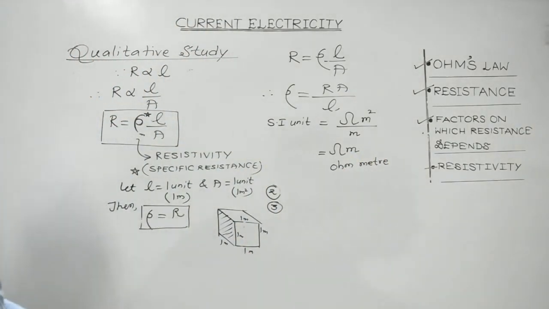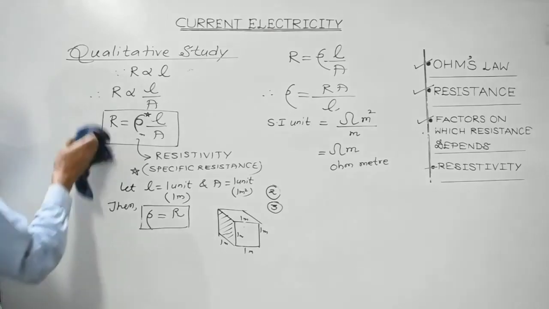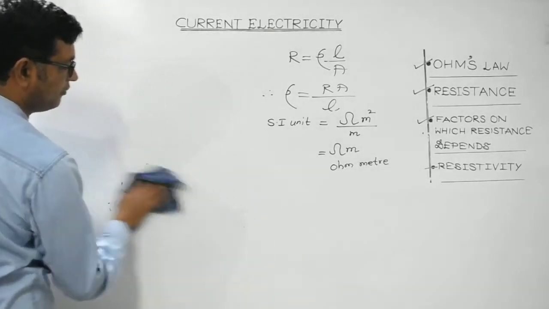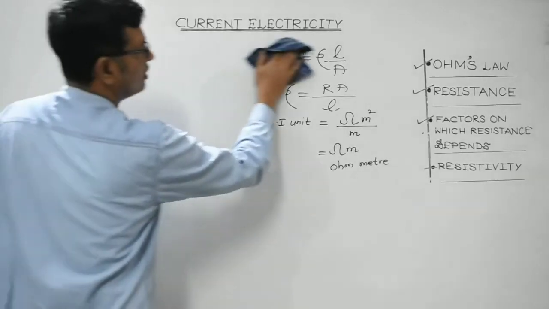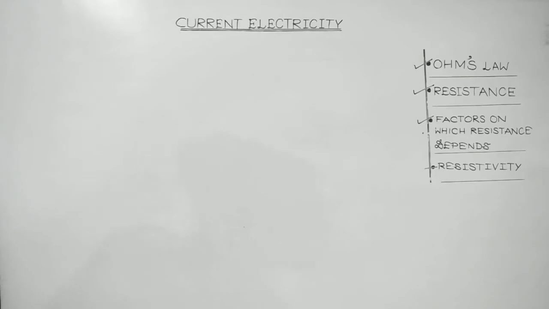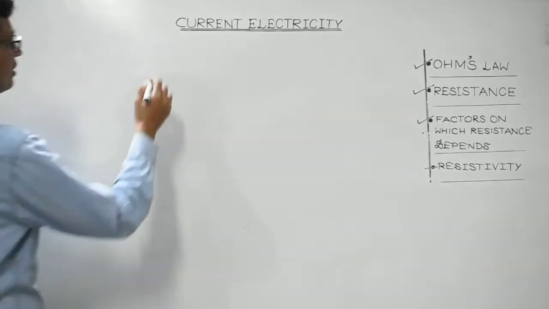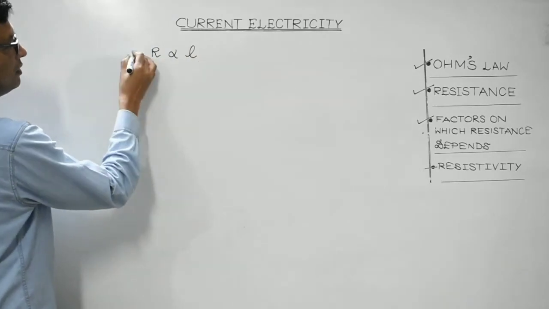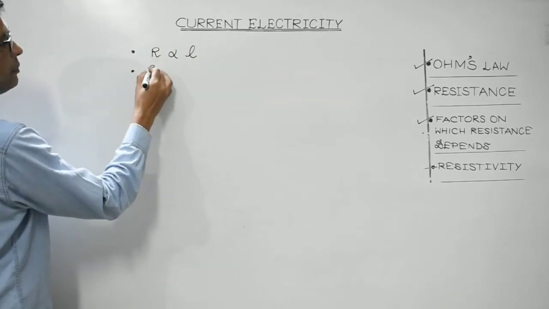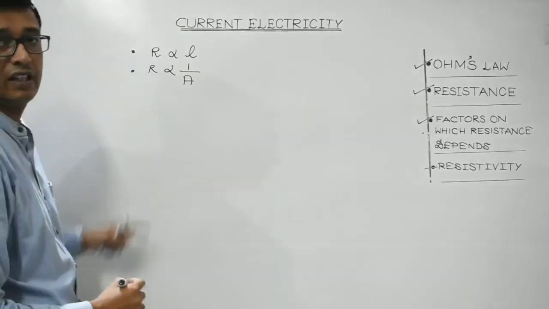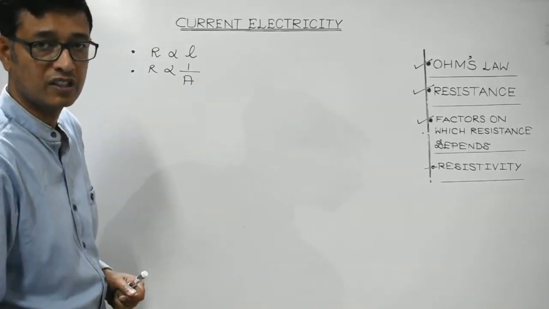So students, here I must repeat some important facts regarding the resistance and resistivity. Look, resistance depends on length, it depends on area, cross-sectional area. It is inversely proportional to the cross-sectional area.